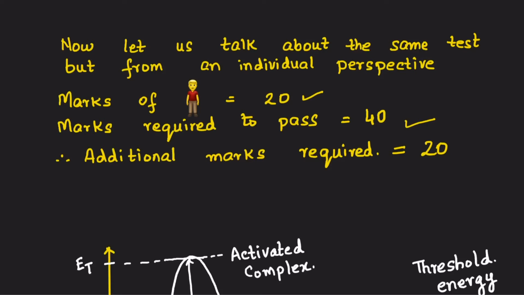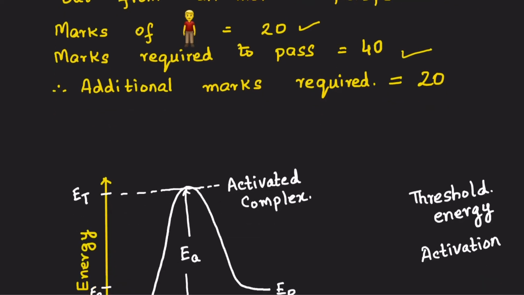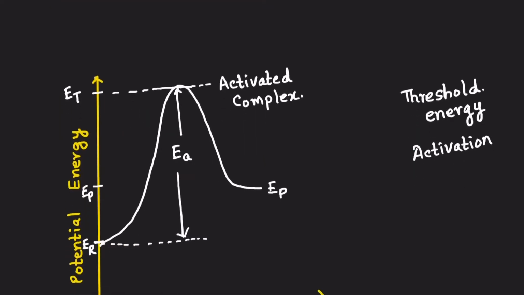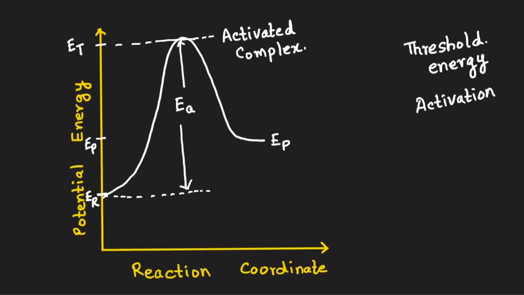So the same thing, the temperature also increases the collision, the energy of the reactant molecules, and they are now ready to reach the threshold at a faster rate compared to at a lower temperature.